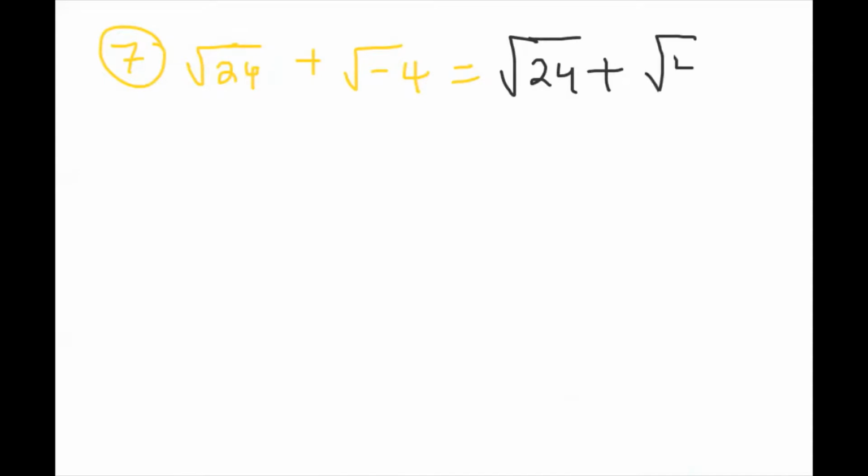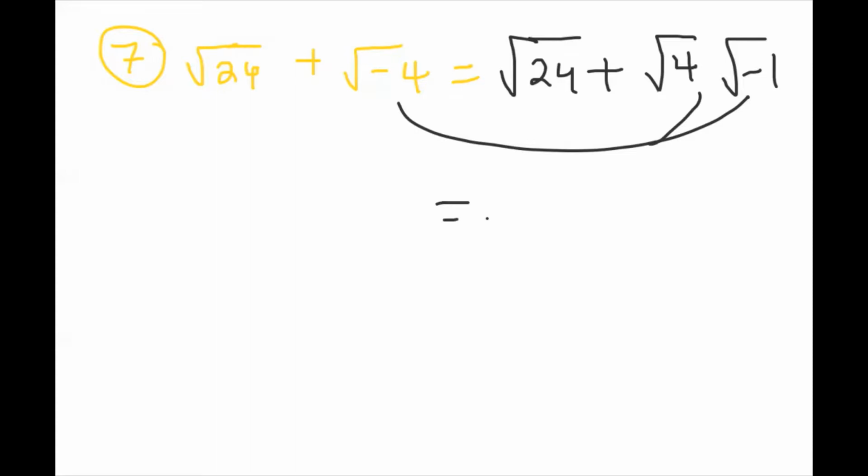I'm going to make this 4 positive, and when I multiply by -1, that's how I get -4. The square root of 4 is 2, and the square root of -1 is i. So we can simplify that to 2i.